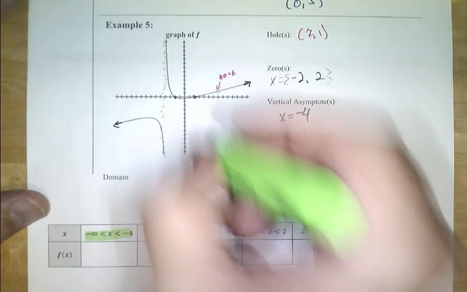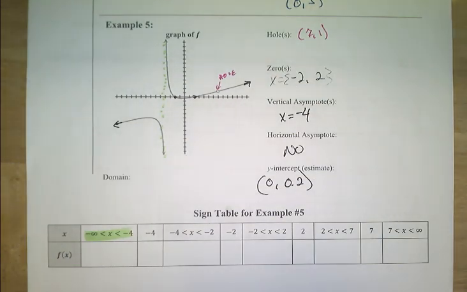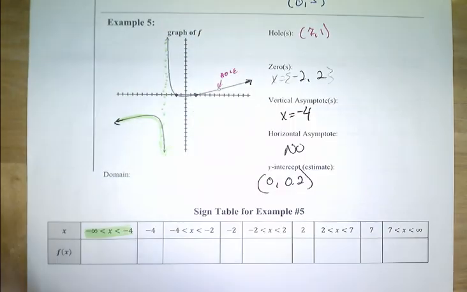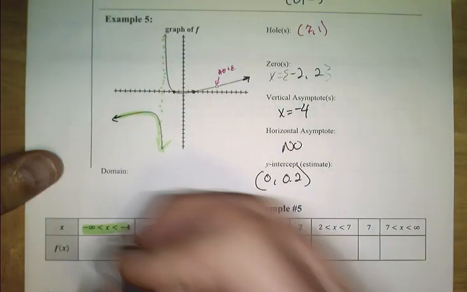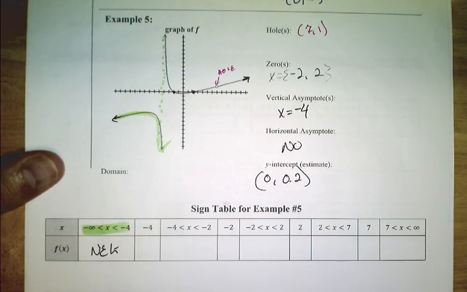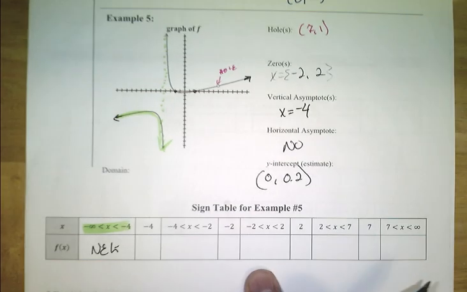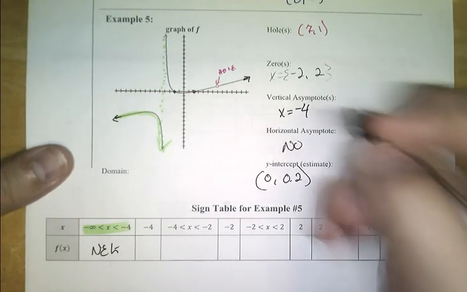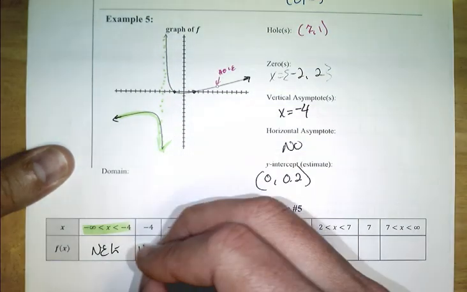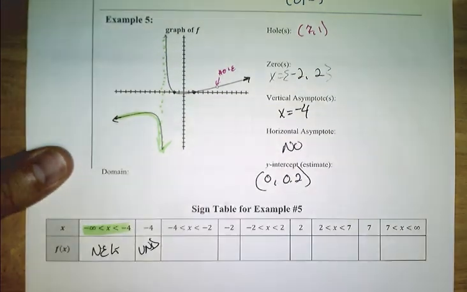So it's all of this, and that whole area is underneath the x-axis, so that whole section is negative for the sign table. At negative 4, well, negative 4 is a vertical asymptote, so it is an excluded value, therefore it is undefined.